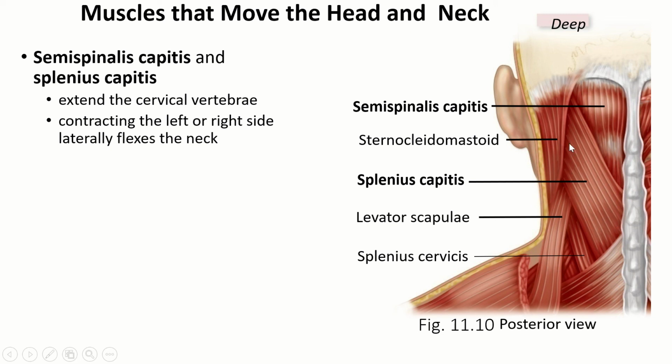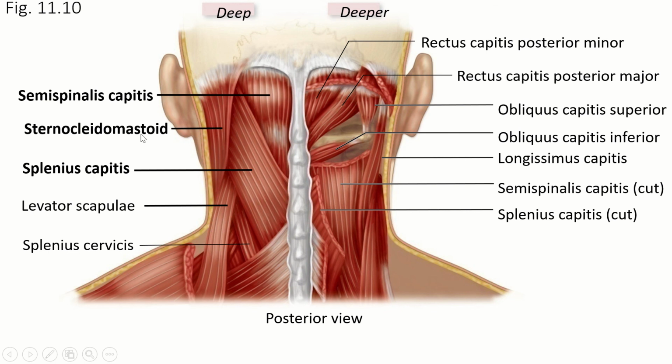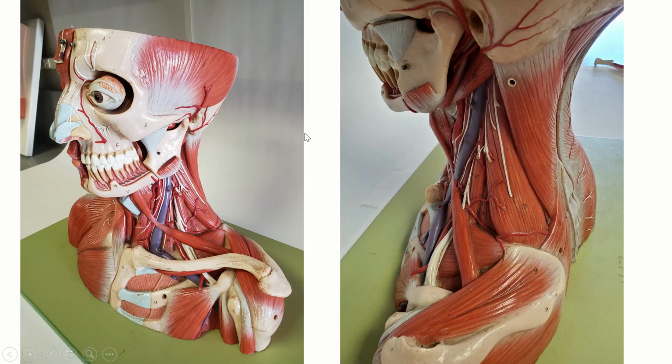They both work together with some other deeper muscles, which you're not going to learn, to extend the neck. Now, on our models, the trapezius covers all of this up.